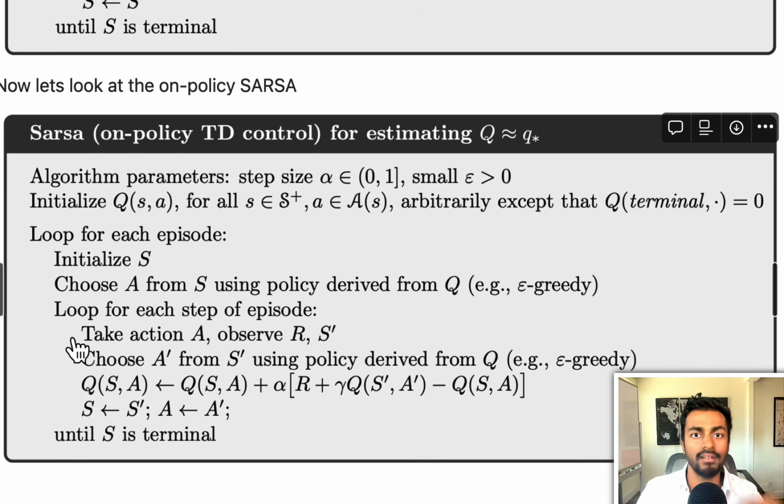And this is why the behavior policy and the target policy must match each other, because the policy that we're using to explore the environment is the same policy that we're using to learn these Q values. And hence SARSA, which is the algorithm that we just discussed, is an on-policy algorithm.